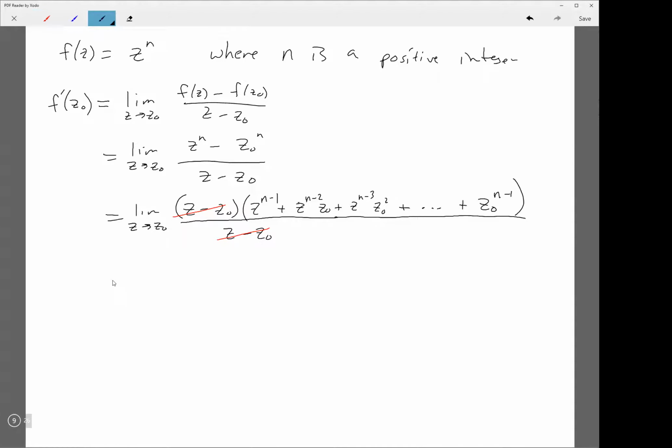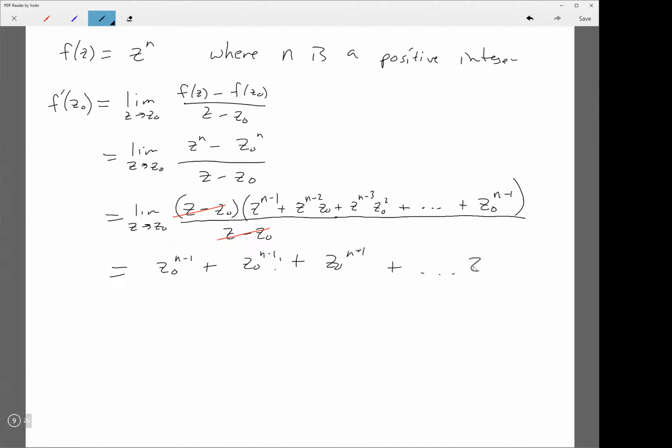And as z goes to z naught, this goes to z naught to the n minus 1. And then this also goes to, well, you have z to the n minus 2 times z naught to the 1, which is also going to be z naught to the n minus 1. And then this term is also going to be z naught to the n minus 1.